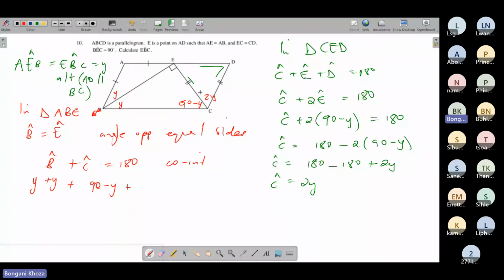It equals 180. Collecting like terms, I end up with 3Y equals 180 minus 90, so 3Y equals 90. I divide by 3, my Y equals 30. Therefore, I can conclude that my angle EBC equals 30 degrees.